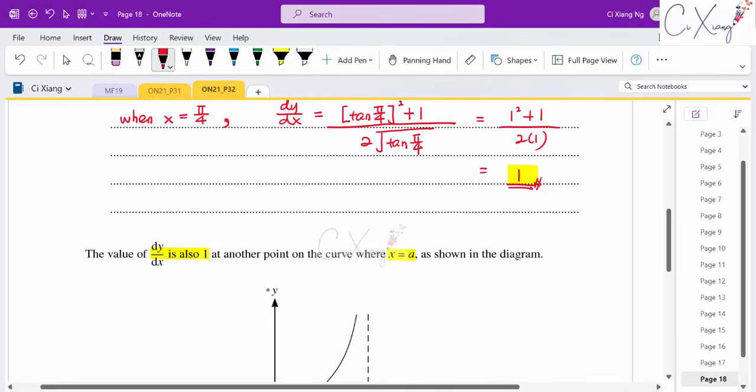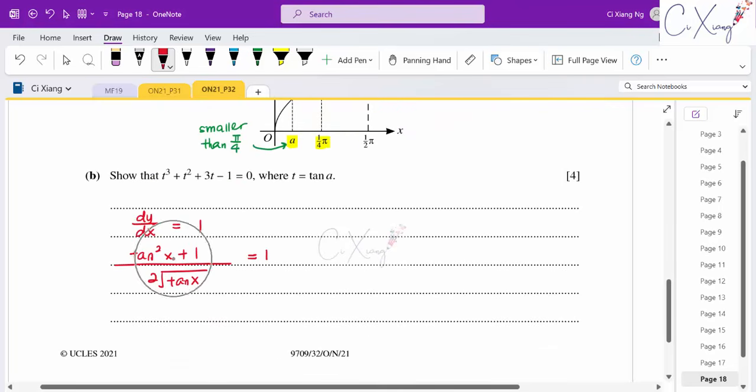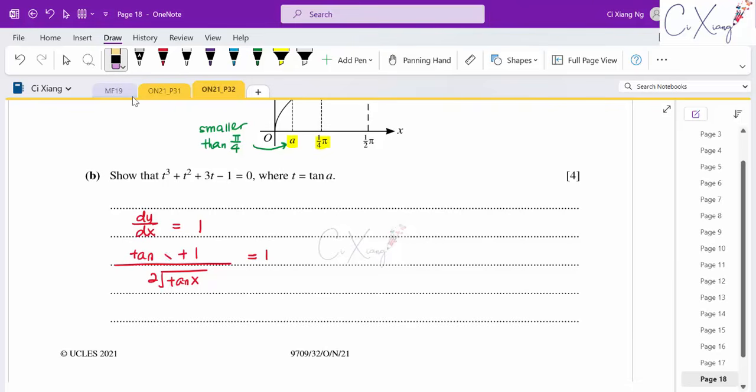But in this question, they said dy dx equals 1 when x equals a. That means all the x inside the equation for dy dx, I have to substitute by a. So instead of x, I put a. So I'm having tangent squared a plus 1 equals 2 square root tangent a.